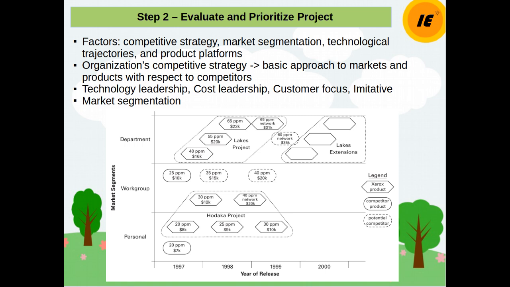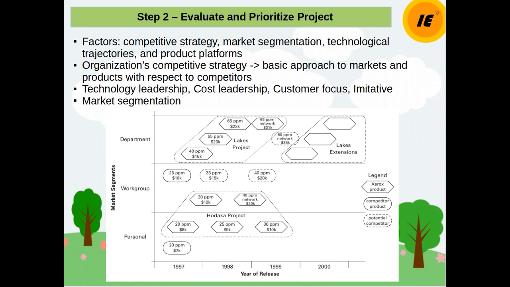That means for a department where a lot of people are submitting printouts for photocopy together, you want a machine that works fast. That's why in the upper segment of the figure the PPMs are larger, but in case of personal it's always 20, 25, 30, whereas in the work group it's in the middle range.